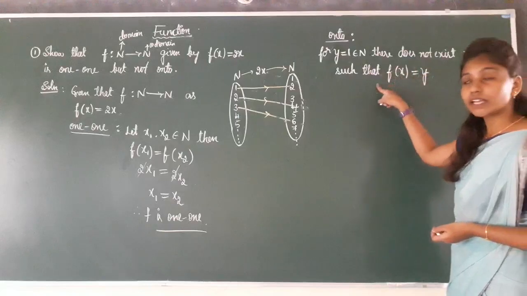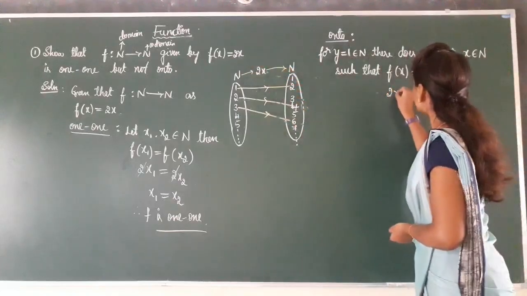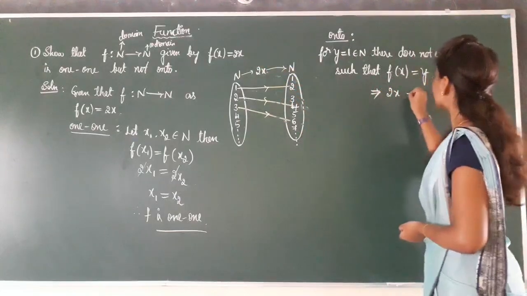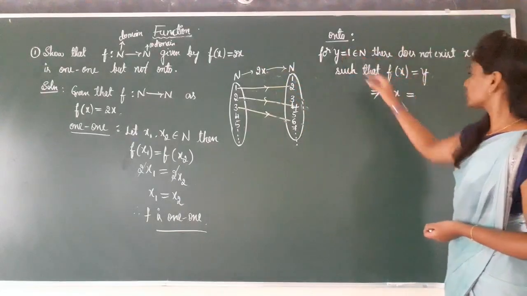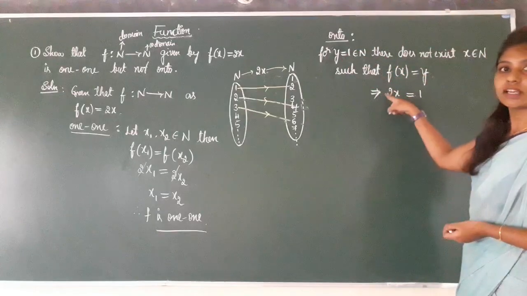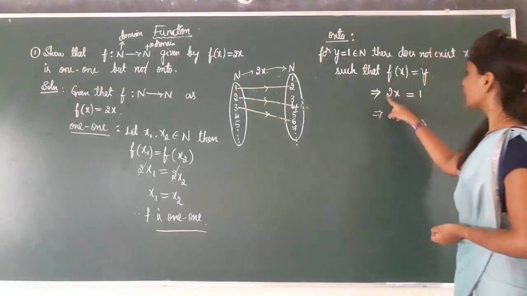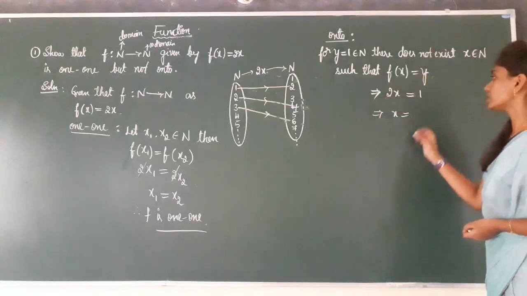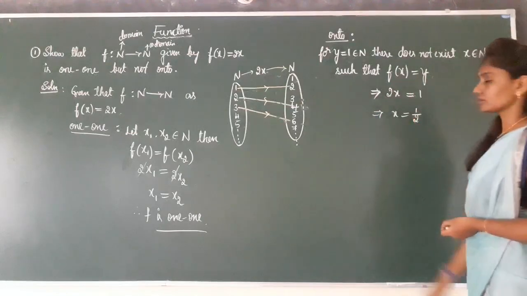What is f of x here? F of x is 2x. Substitute f of x is 2x, which is equal to y. We are taking 1. F of x is equal to y, that means 2x is equal to 1. What is the value of x? Transpose 2 to the RHS, that is x is equal to 1 by 2.